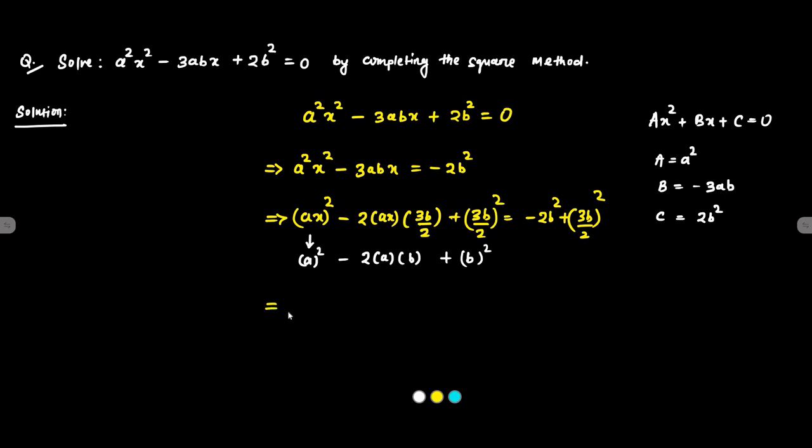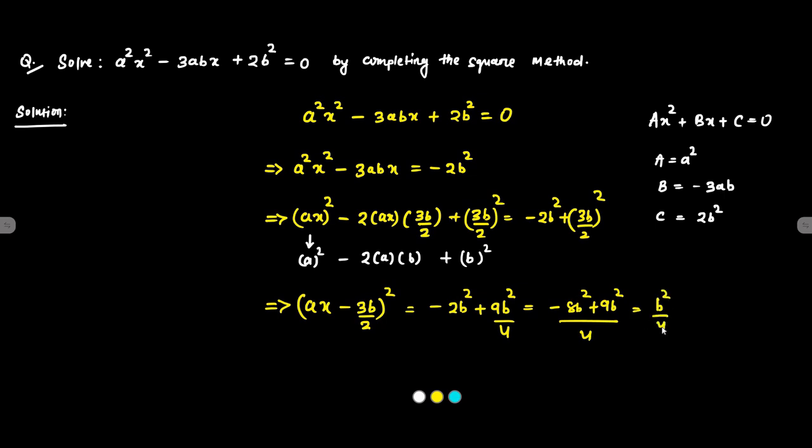That implies ax minus 3b by 2 whole square is equal to minus 2b square plus 9b square by 4, which is equal to minus 8b square plus 9b square by 4, which is equal to b square by 4.